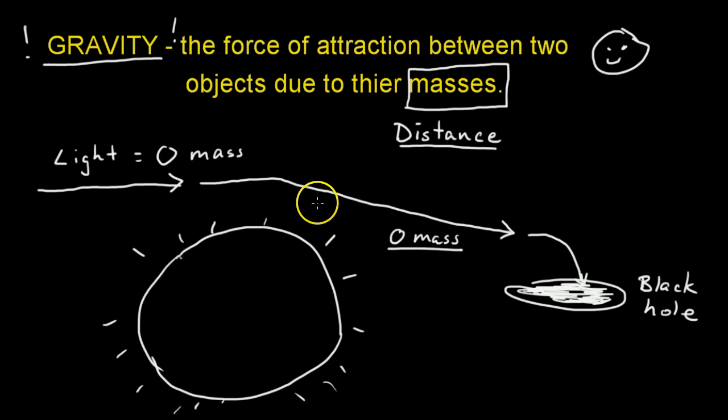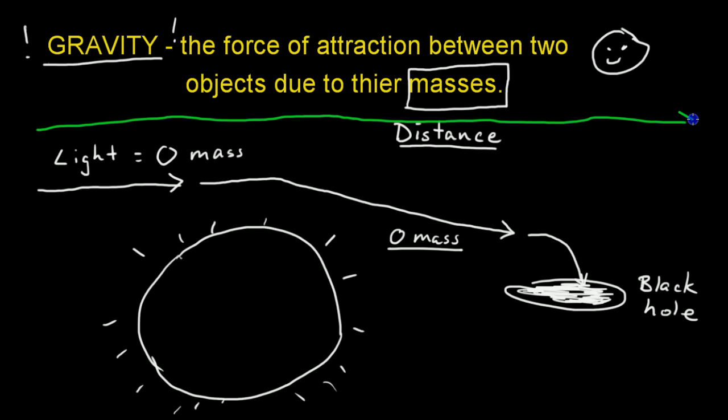Okay, so if the light, maybe I should put this in another color, if the light was a little bit further away from that star, a little bit away from that black hole, then that light would just continue to travel in a straight line. The gravity would be too far away from the light, and so there would be no effect.